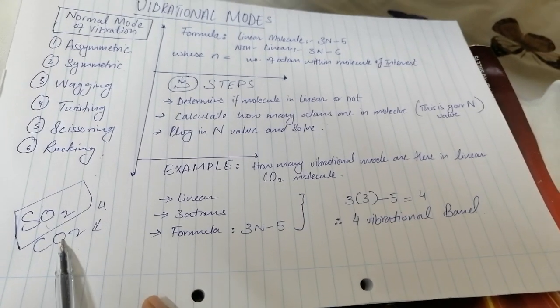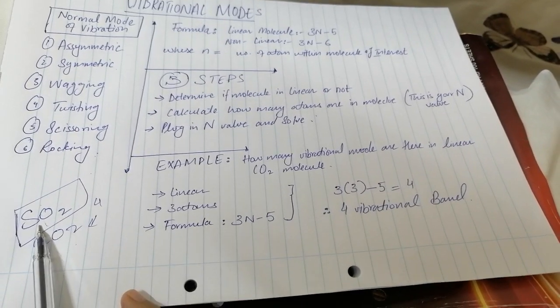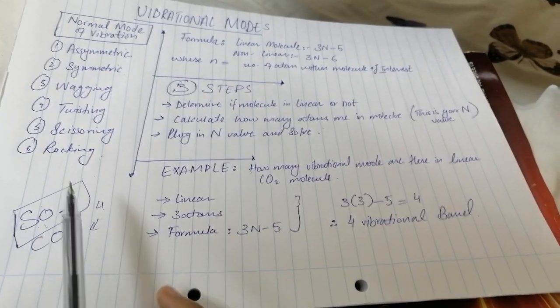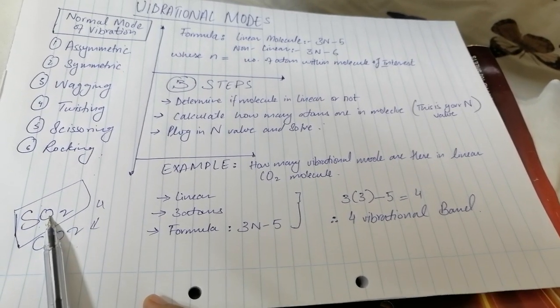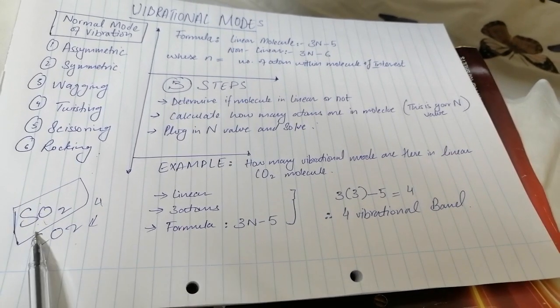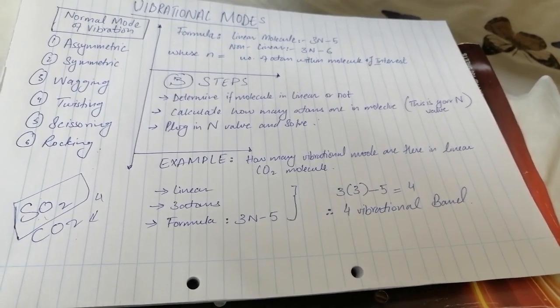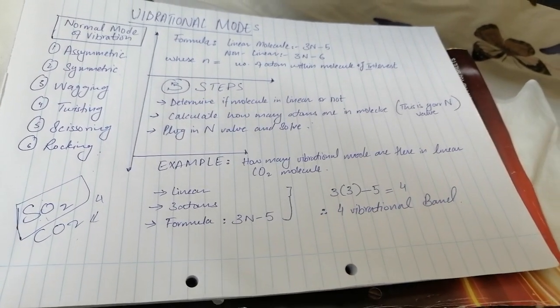So don't get confused. First step, always remember to see if the molecule is linear or not. SO2 is not linear. Why is it not linear? Because SO2 contains a lone pair which causes the molecule to bend in shape, whilst carbon dioxide doesn't have any lone pair.